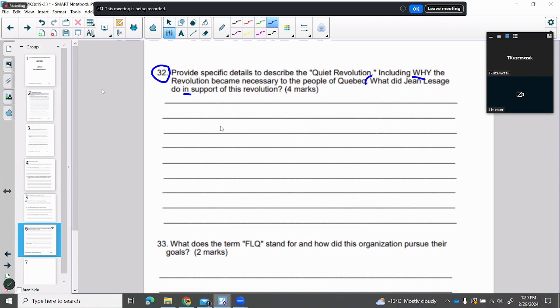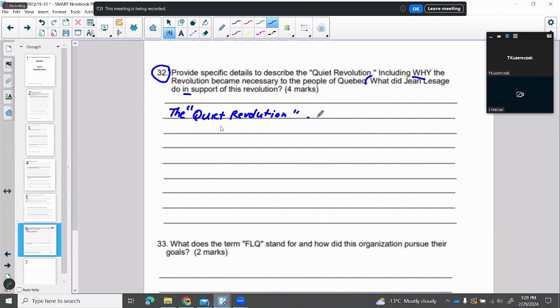First, you want to describe the Quiet Revolution. Notice that the words quiet and revolution are inside quotation marks.